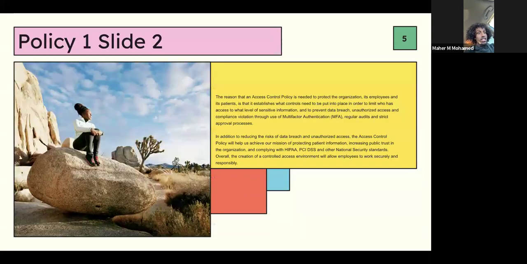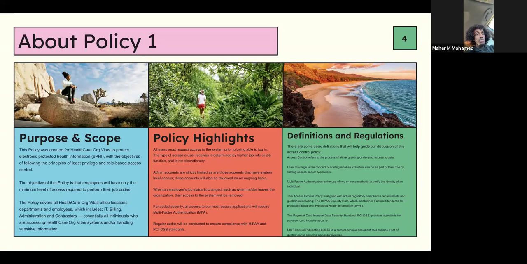The reason that an access control policy is needed to protect the organization, its employees and its patients, is that it establishes what controls need to be put into place in order to limit who has access to what level of sensitive information and to prevent data breach, unauthorized access, and compliance violation through the use of multi-factor authentication, regular audits, and strict approval processes.